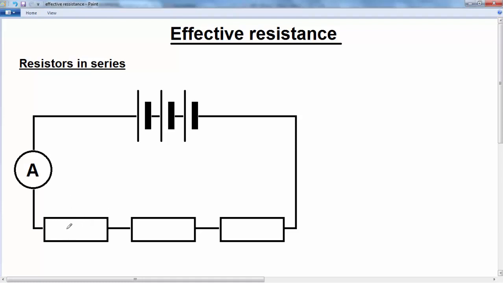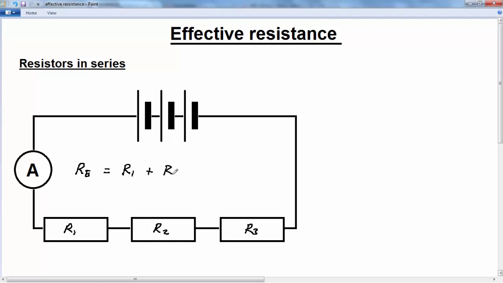We've got three resistors in series. Let's call them R1, R2 and R3, and we need to replace those three resistances in series with one single resistor, and that's really easy to do. The equivalent resistance, which we call RE, is simply equal to the sum of those resistors in series.